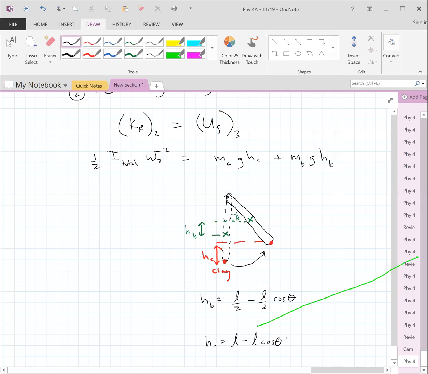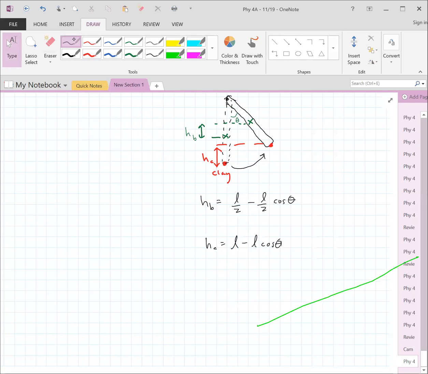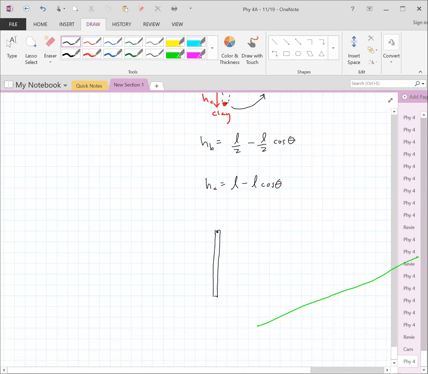You want me to work through that a little more carefully? Let me just do one. I'll just do the clay. So the clay is going from there to there, right?